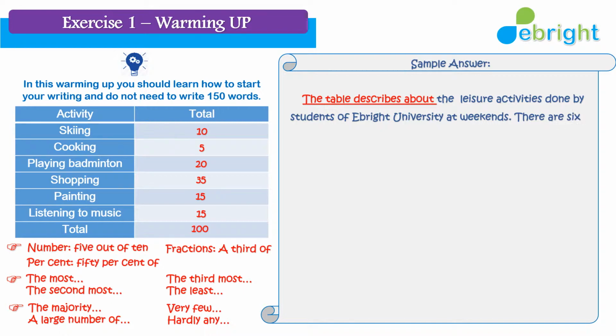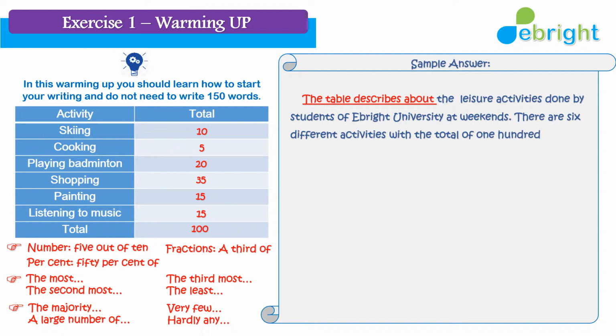Let me type the second sentence about the general overview. There are 6, because you've got 6 different activities. Let me type by saying there are 6 different activities: skiing, cooking. We do not need to mention all the 6 categories in the writing. So we will make a detailed statement later in the next paragraph.